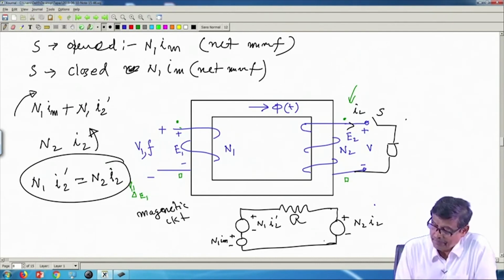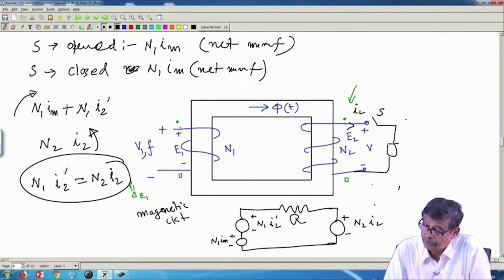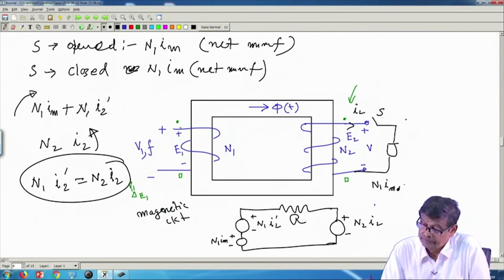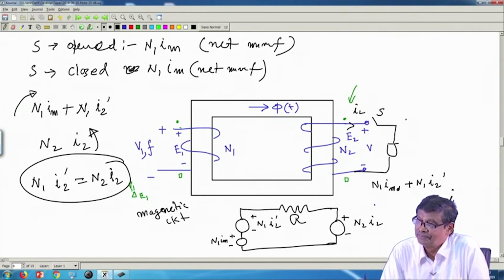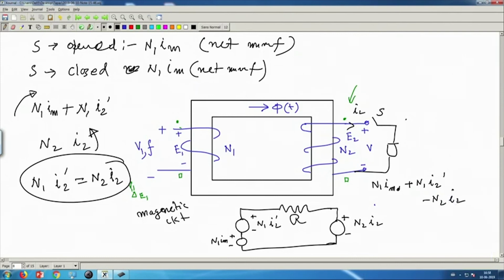What is the net MMF acting? N1 IM plus N1 I2 dashed minus N2 I2, divided by reluctance. So, net MMF is N1 IM plus N1 I2 dashed minus N2 I2. And this has to be equal to N1 IM.